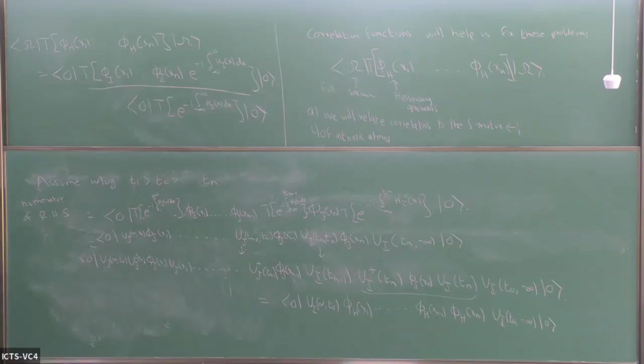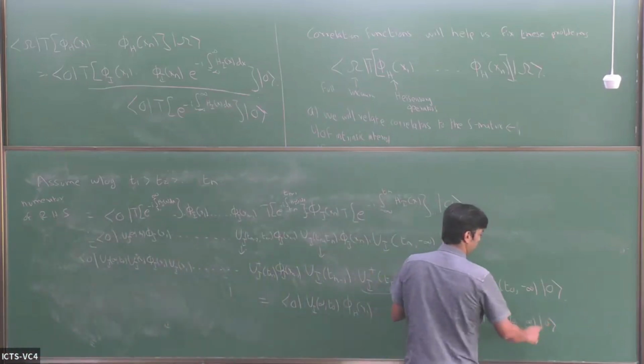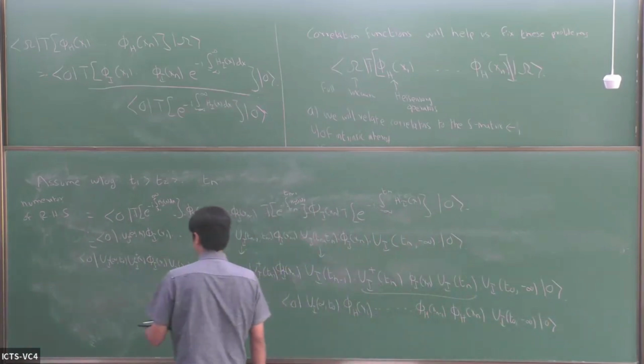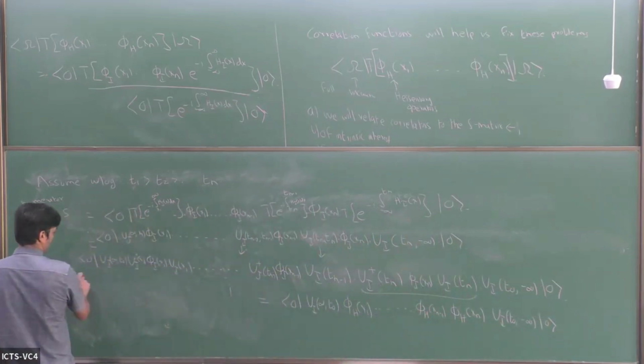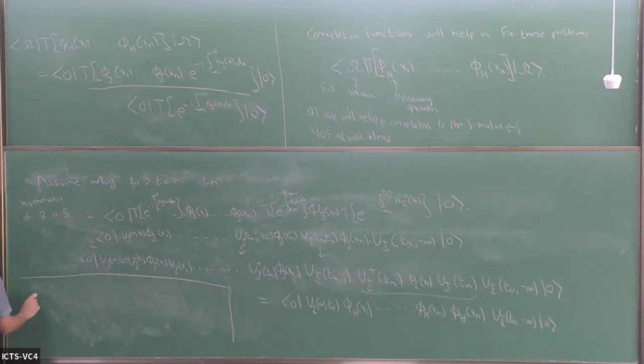So now let's look at this factor, which is ui from t0 to minus infinity on 0. Let me make a box here.